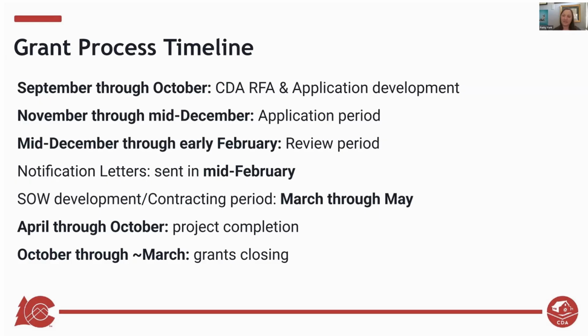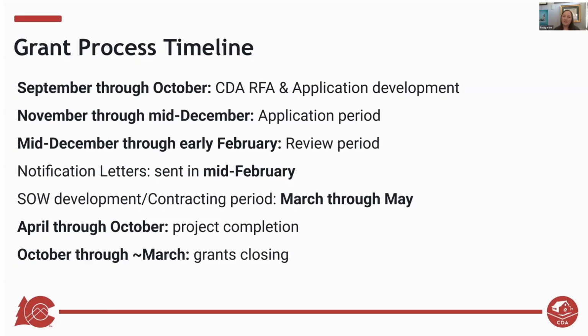In the application period itself, we need to make sure that everyone's receiving the same information. So that's why we ask for any questions to come into the weeds email, and we will answer that and then put it in the frequently asked questions section of our website.